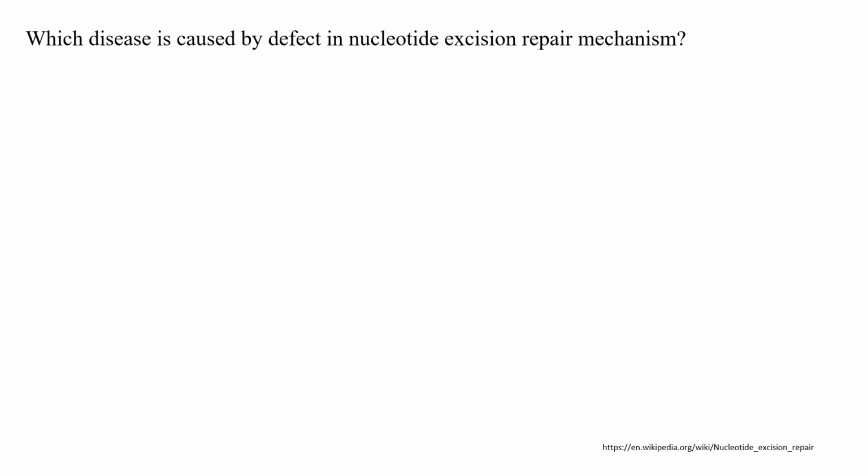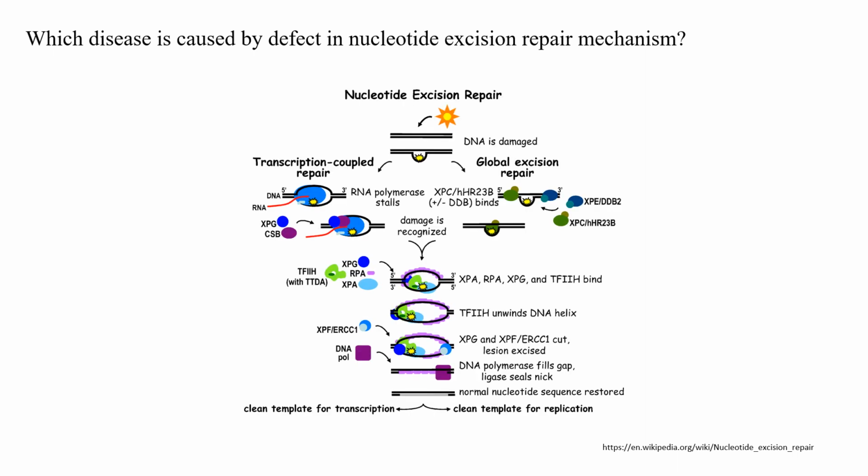Which disease is caused by a defective nucleotide excision repair mechanism? This is a diagram of the nucleotide excision repair mechanism. It is the main pathway used by mammals to remove bulky DNA lesions such as those formed due to UV light or environmental mutagens and some chemotherapeutic adducts from the DNA.